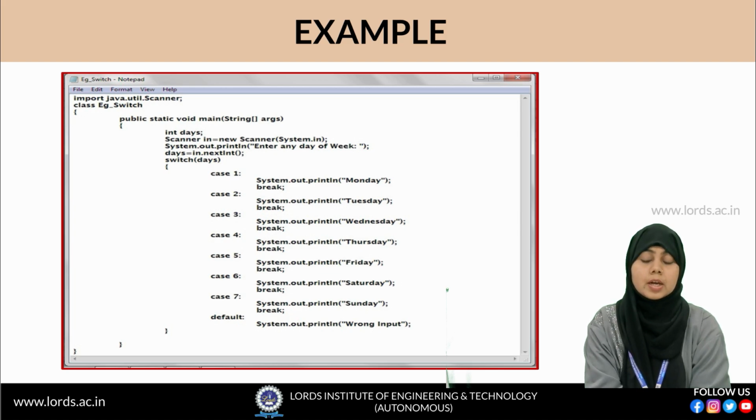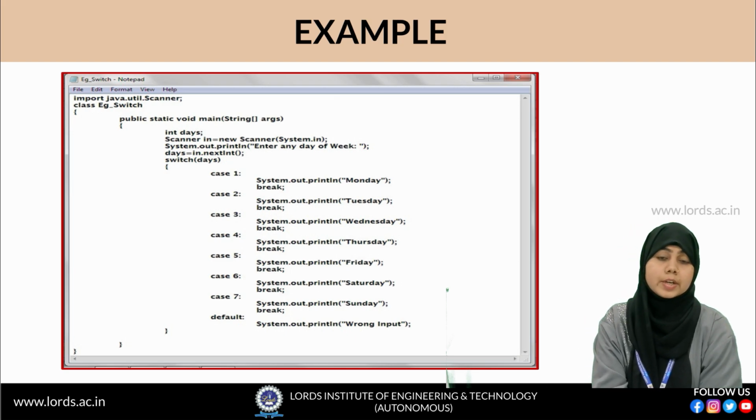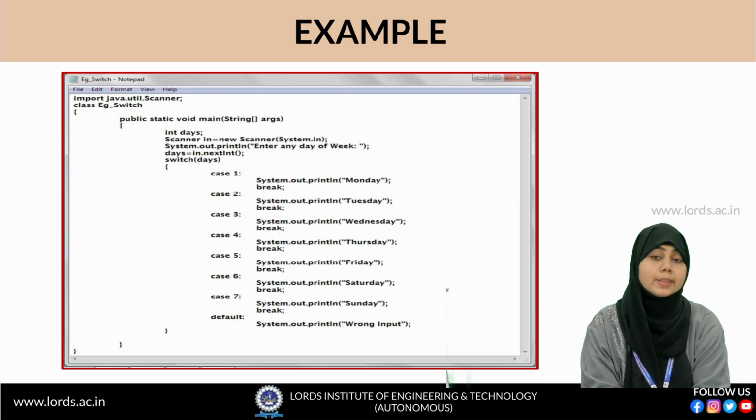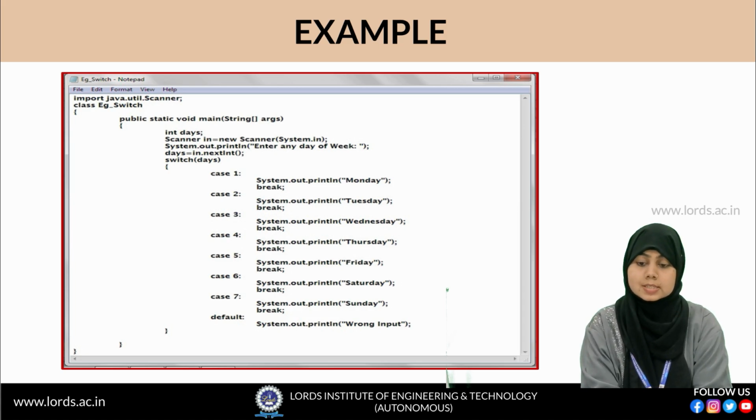Under the main method, I am declaring a variable called days of type integer, and then I'm creating the object of the Scanner class. You might be familiar with how to create the object: class name followed by object name, new, and then the default constructor.